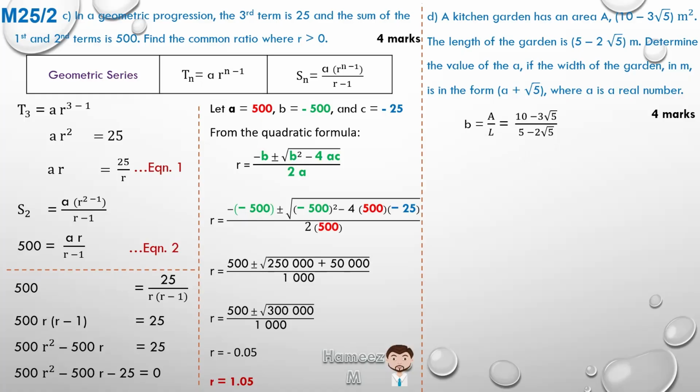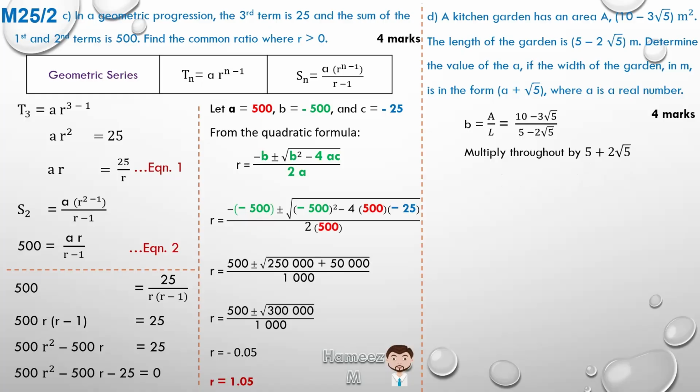Now, how do we handle a division involving surds like this? The easiest way would be to rationalize the denominator. What does that mean? It means that we want to make the denominator a whole number.